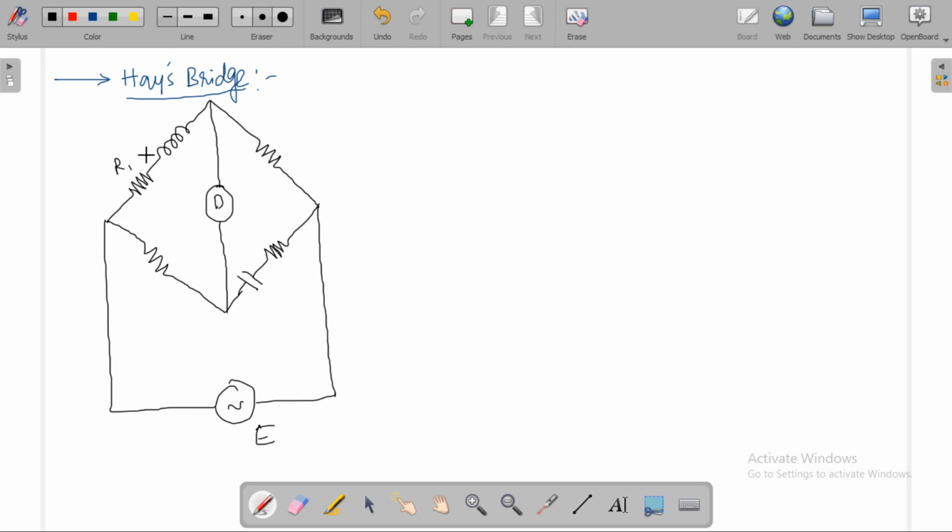Let these be R1, L1, R3, R2, R4, C4. Let E1 be the voltage across this branch, E2 the voltage across this branch, E4 the voltage across this branch, and E3 the voltage across this branch.